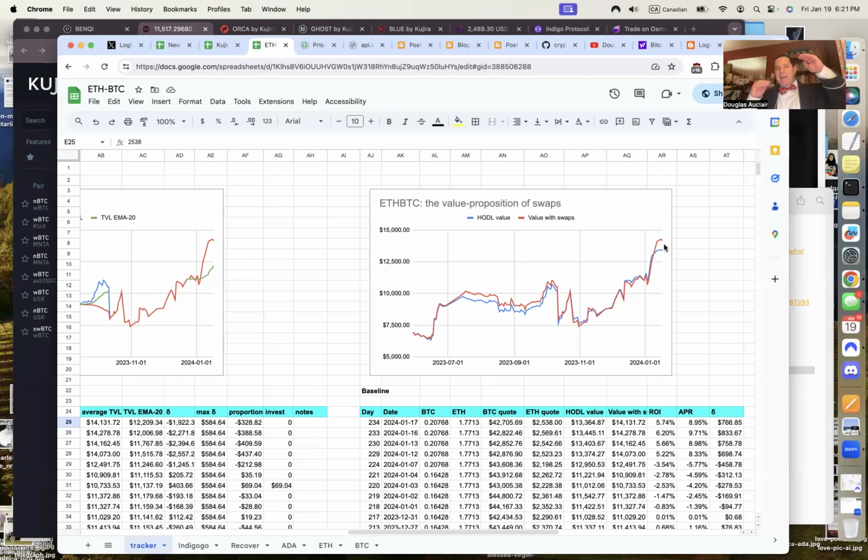And by taking advantage of selling Ethereum when Ethereum is higher valued, or selling Bitcoin when Bitcoin is higher valued, you seesaw your way up that curve. And the curve is always going up because you're always trading the higher value token versus the lower value token. And so you seesaw your way up to a larger portfolio position, growing wealth.